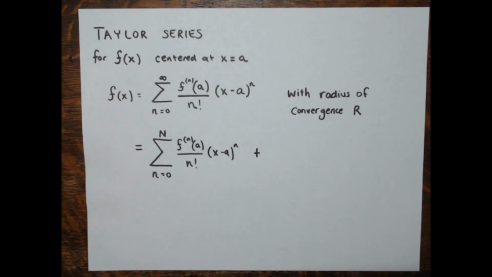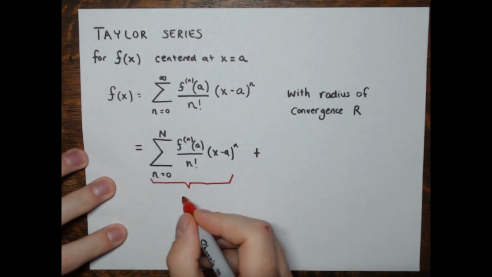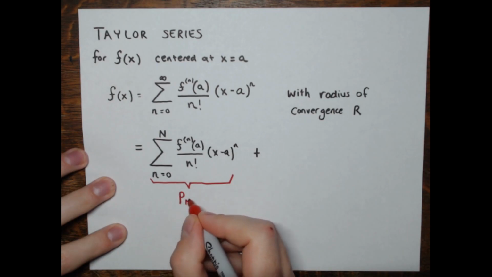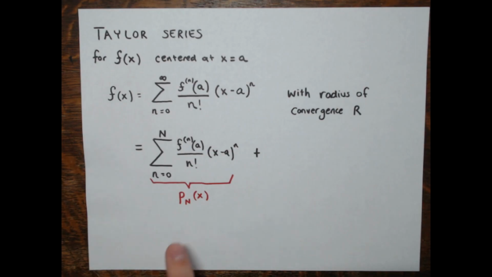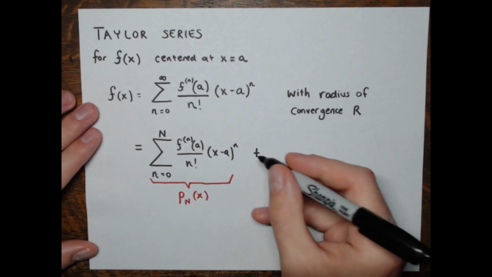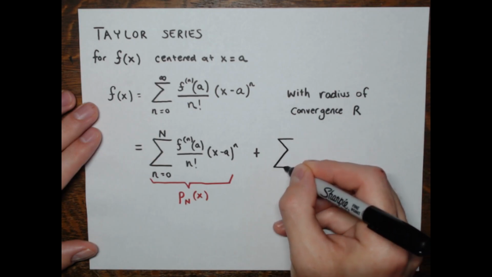And you may recall the notation for this. This was our nth polynomial, p sub n of x. And that was used in the last video to approximate f at certain values of x. But then add to that the rest of it.